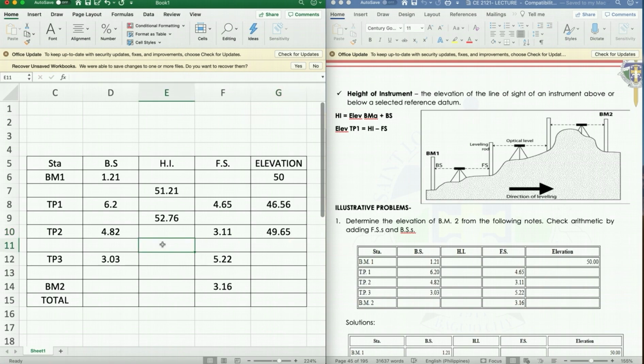So 54.47 is the height of the instrument here. 49.65 plus 4.82 is equivalent to 54.47, minus 5.22 is equivalent to 49.25.